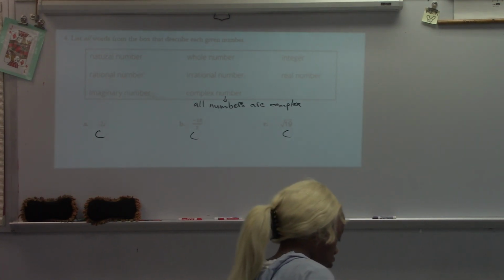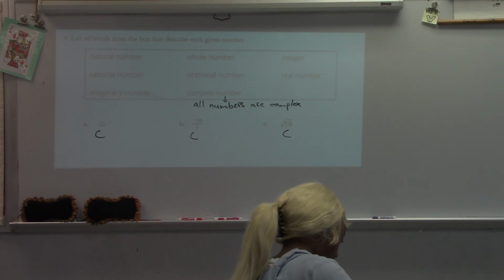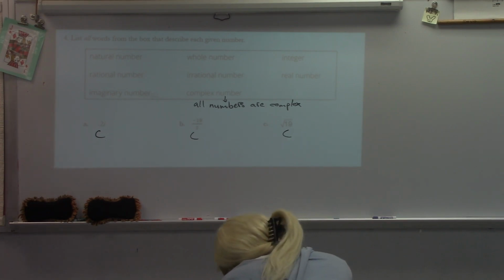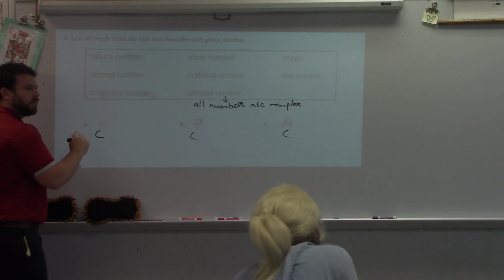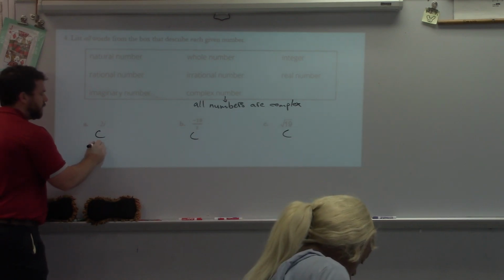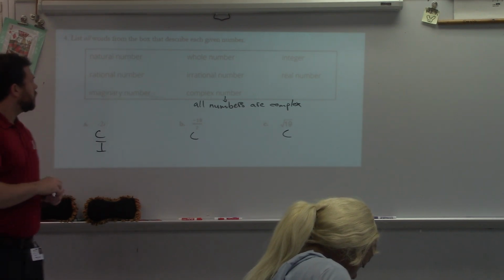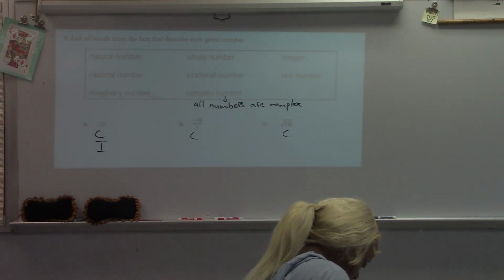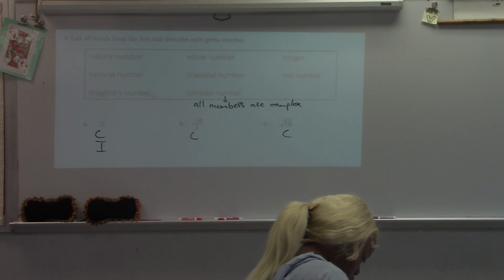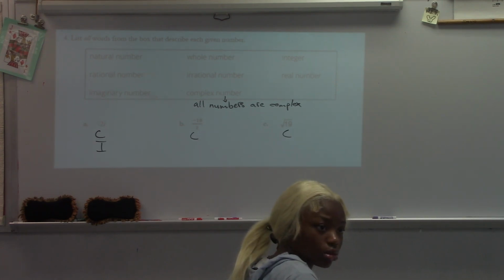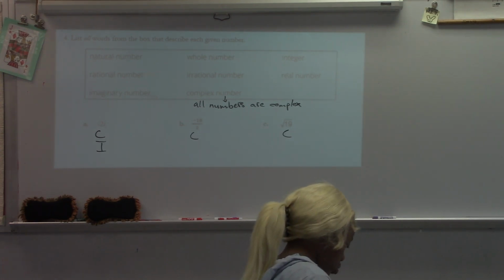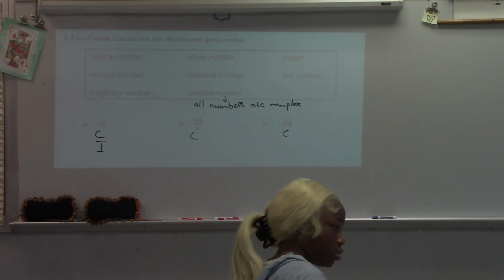All right. So Davis, tell me about A. What other number sets would A fall under? Imaginary? Is that true? Do we think imaginary? Okay. What letter do we use for that? I. So you could have used I for imaginary or written it out. All right, Hope. What other numbers does A fall under? Not sure?